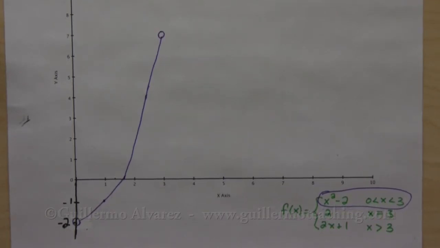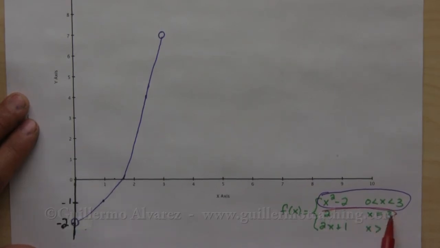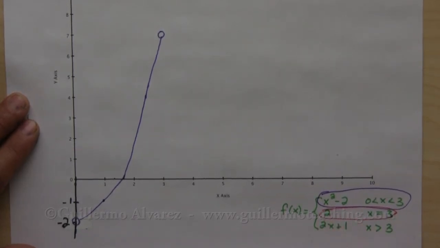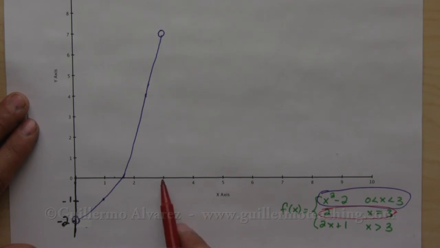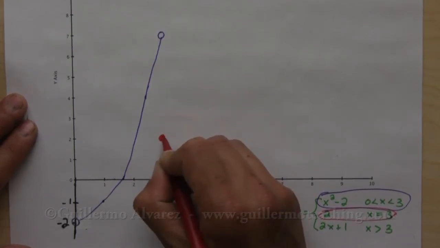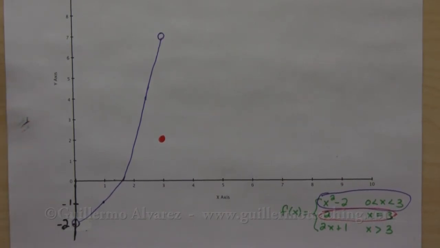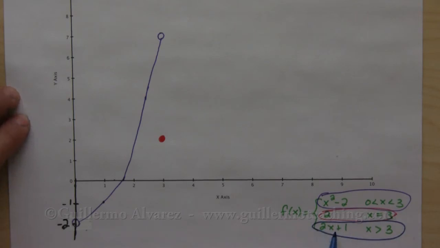Now we have this one. When x is equal to 3, the function is equal to just simply the number 2. So at x equals 3, the function is equal to 2. So that means we would have a solid circle there. Okay. And then after that, for x greater than 3, it equals the line 2x plus 1.